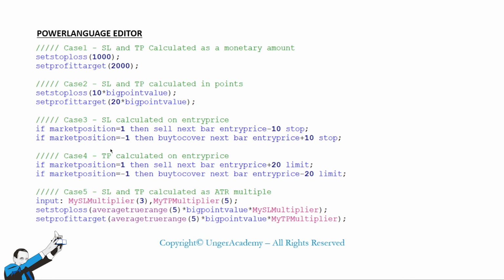However, it is good to keep in mind that these two cases, which are calculated on the entry price, contain a fundamental condition, which is the market position. And for MultiCharts to calculate the market position, it needs to see exactly one entry of the strategy. So it's only at the next bar, after the entry bar, that we can place our orders.